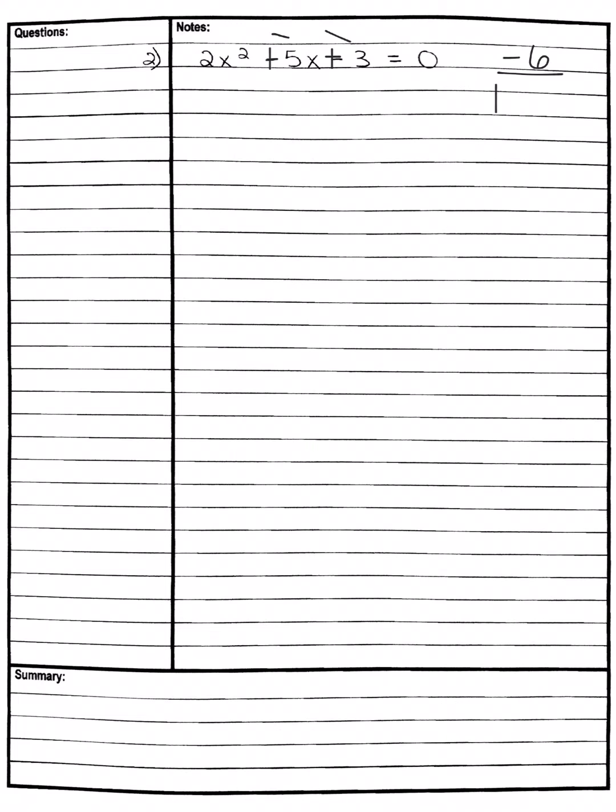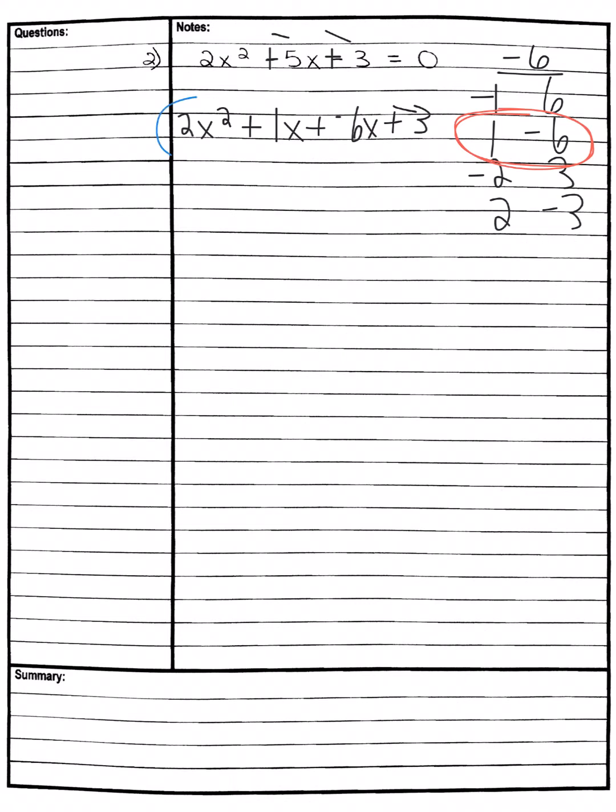I'm going to write the factors out for you, to keep it time-wise, because I only get 15 minutes. Negative 5 is going to be my 1 and my negative 6. Let's replace that. So we have 2x squared plus 1x plus negative 6x plus negative 3, and that's all equal to 0.